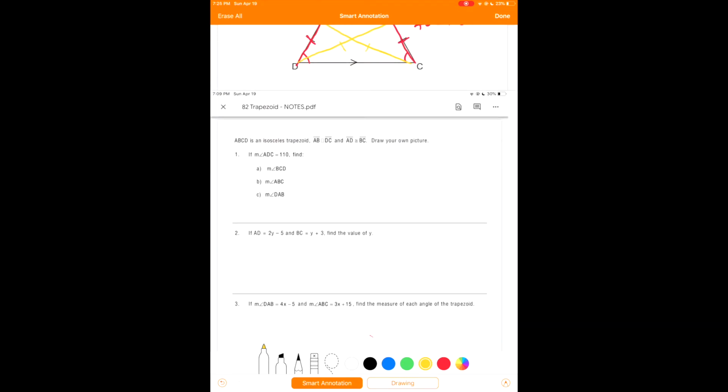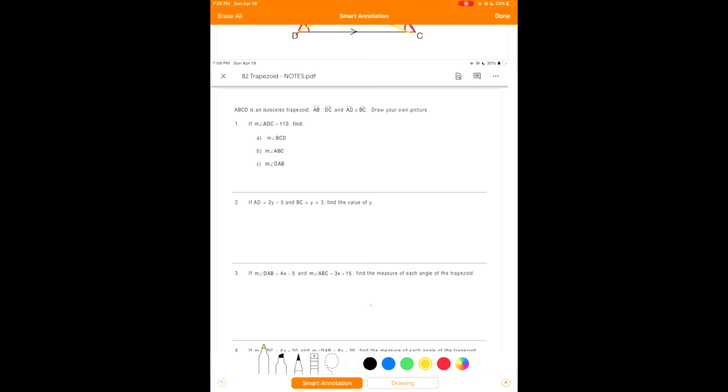It says ABCD is an isosceles trapezoid. AB is parallel to DC, and AD is congruent to BC. Draw your own picture. So I know that AD is congruent to BC, and I know that AB is parallel to DC.